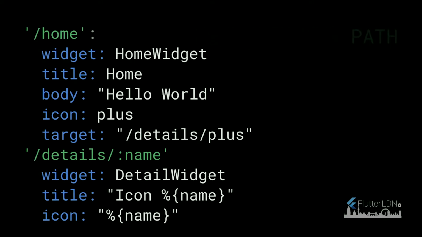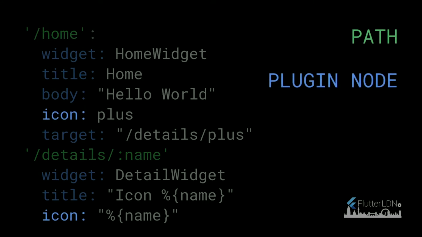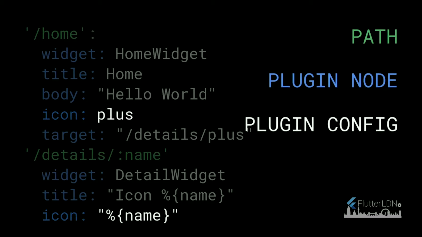At the very top, this file is organized. You have paths, which are destinations for your screens. And underneath, you describe what these screens are made of. And to do this description, on the left side, you provide plugin nodes. On the right side, the value of that configuration.